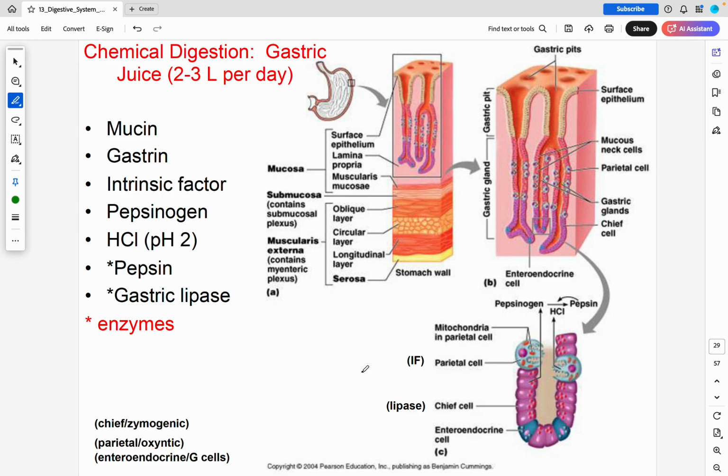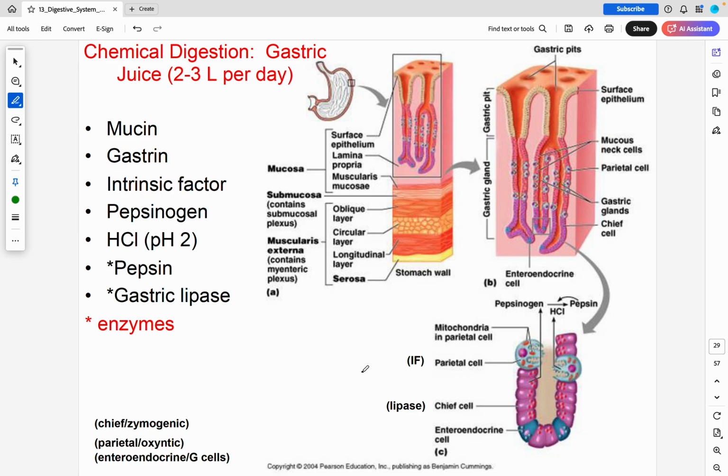At the mucosal and submucosal parts, what do we expect, or what is the associated structure? We have glandular structures producing gastric juice, about 2 to 3 liters per day.